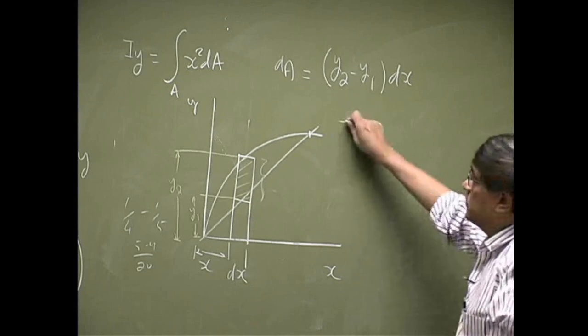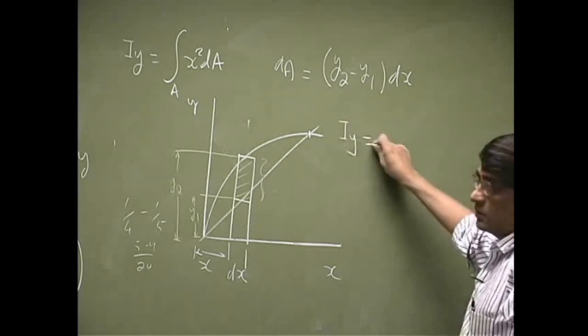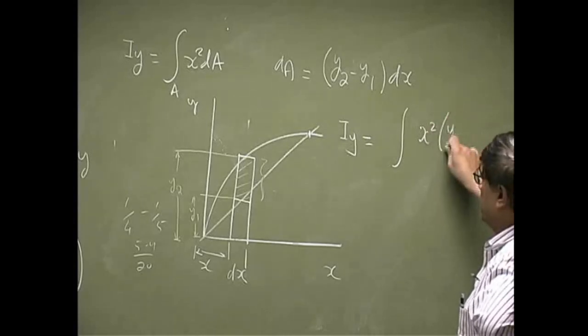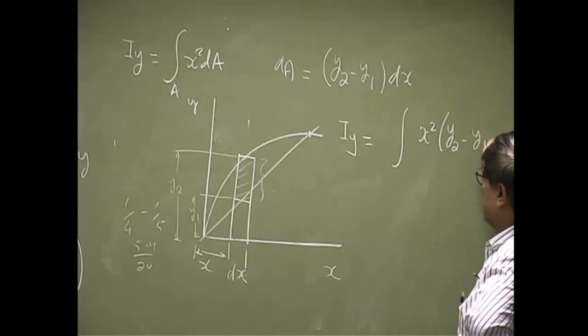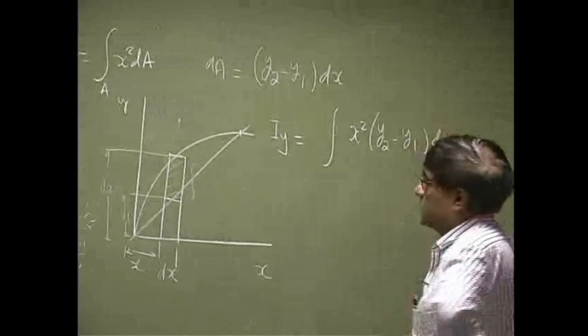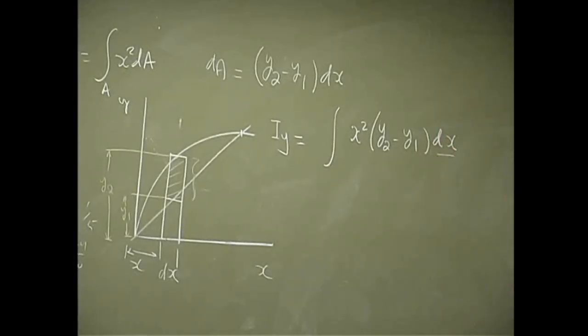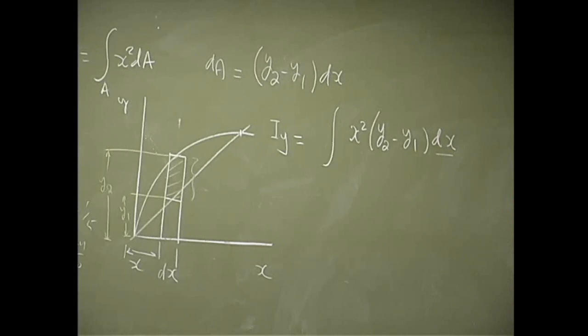So the actual inertia with respect to y-axis will be x squared times (y2 minus y1) dx. So in this case, dx is the variable which is going to define the limits.